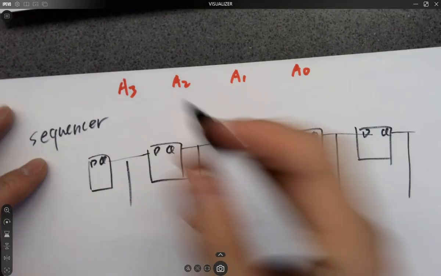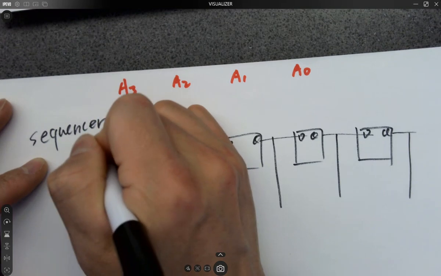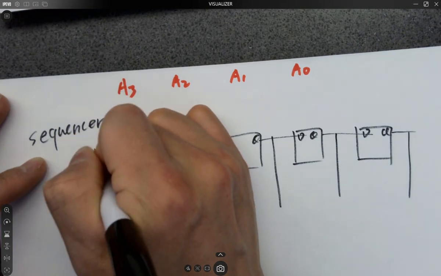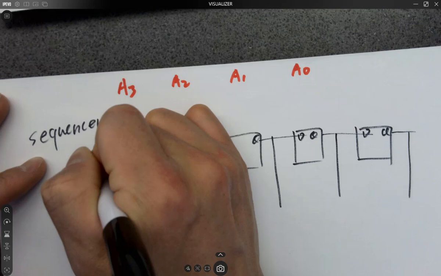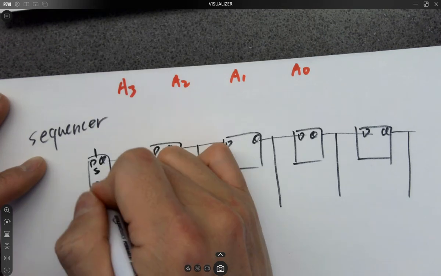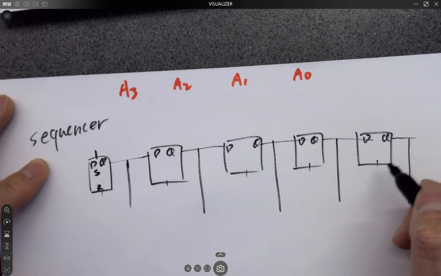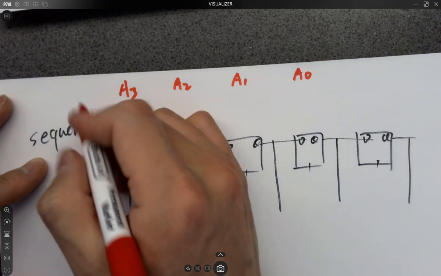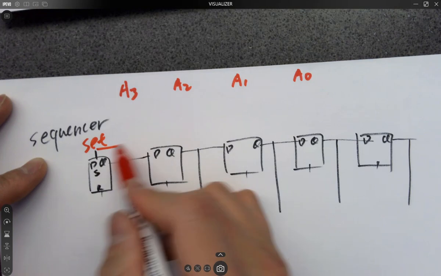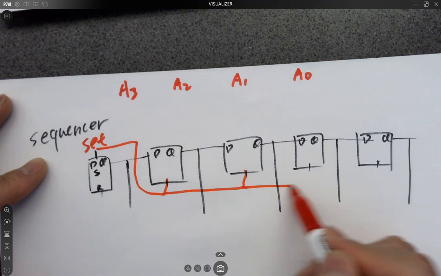Okay, and why does this work? Because on the top here's a reset. Here's a set, and here's a reset, right? Here's a reset. I'm connecting set to the reset over here.